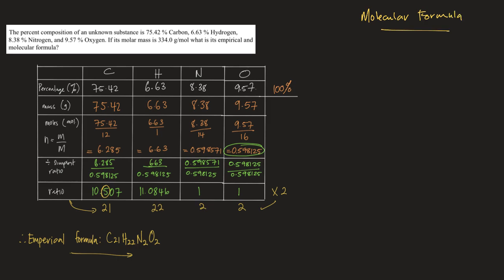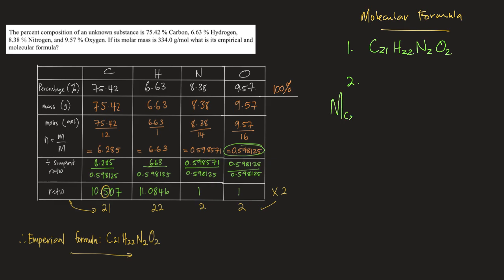So remember with the molecular formula, we start with the empirical formula, and you've got C21, H22, N2O2. That's one. Number 2, we want the molar mass of this.